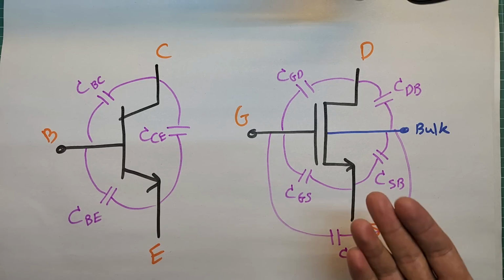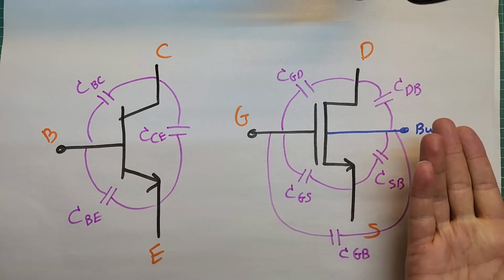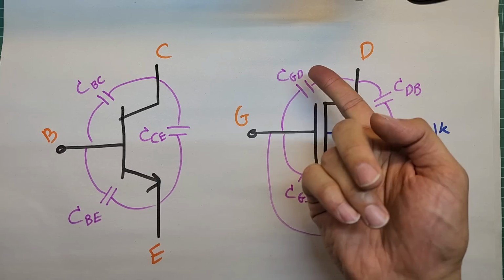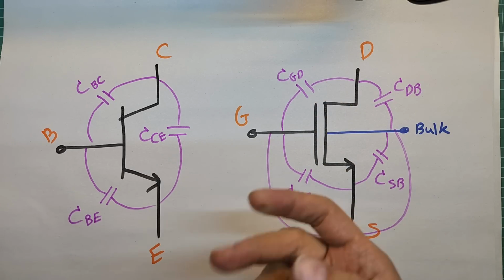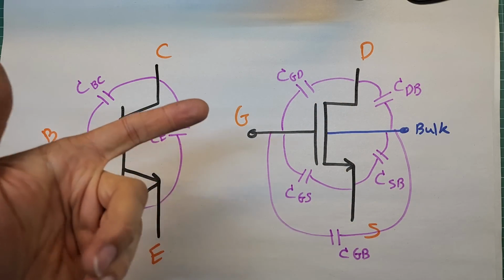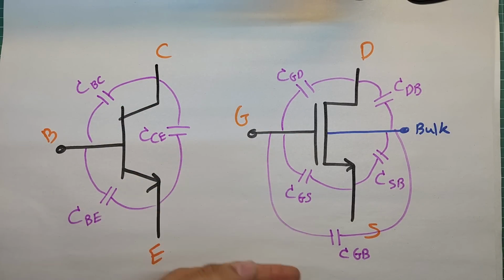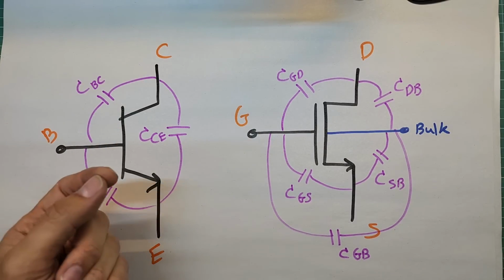Similarly, in a MOSFET, when you apply a voltage to the gate terminal to turn the transistor on, you have to charge these 3 capacitors first, I mean CGD, CGS, and CGB. And when you apply another voltage level to the gate terminal to turn the transistor off, you have to discharge these 3 capacitors first. Charging and discharging these capacitors is also time consuming.